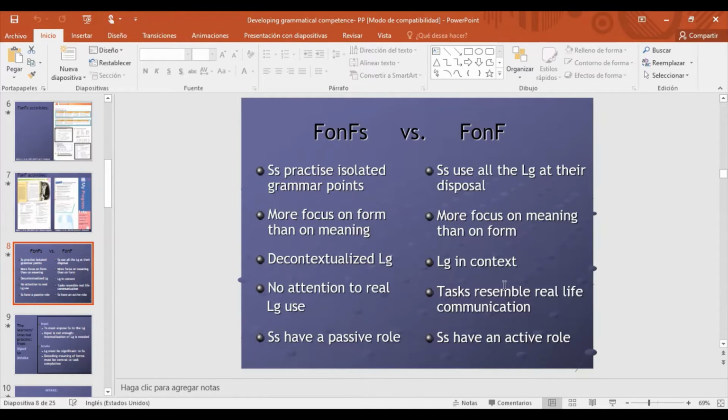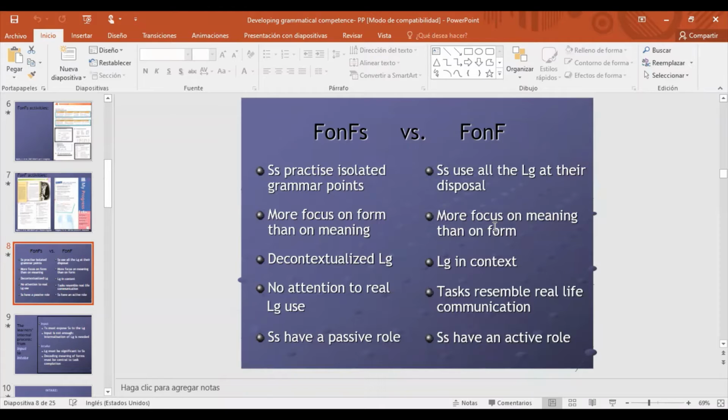Whereas following a focus on form approach, students get the whole of the language. They can use whatever they have at their disposal. The starting point is a focus on meaning rather than on form, and form is worked on or analyzed later on.